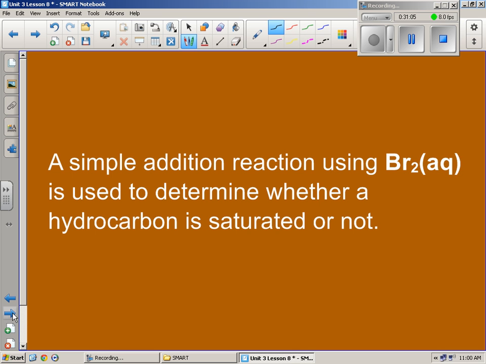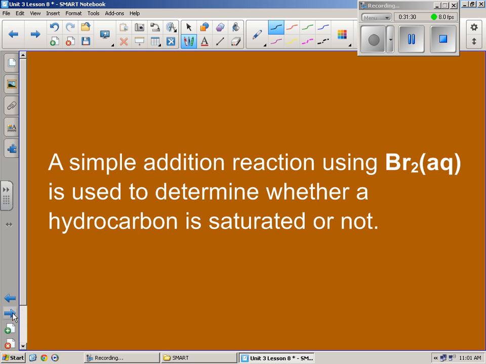Okay, moving on. Now, this is often a diploma type question that for sure they'll talk about. Usually they have something about this bromine thing here. So a simple addition reaction using bromine can determine whether it's a saturated hydrocarbon or an unsaturated hydrocarbon.